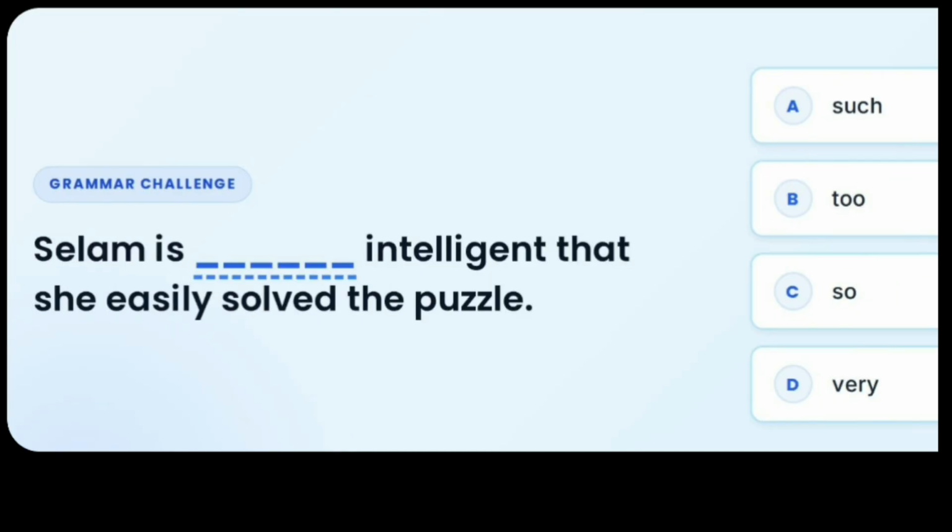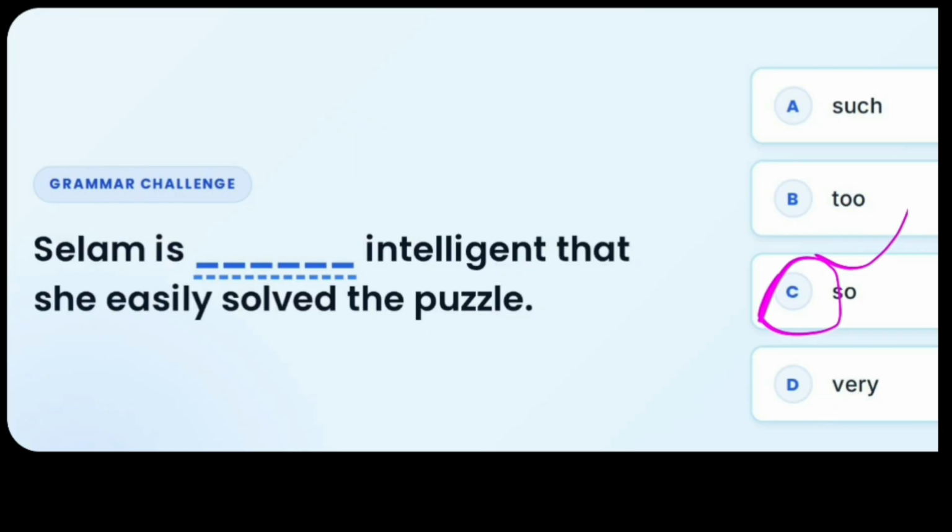Question number 55. Salam is dash intelligent that she easily solved the puzzle. A. Such. B. Too. C. So. D. Very. Pause the video and challenge yourself, students. The correct answer is choice C, so is right. Let us see its reason.